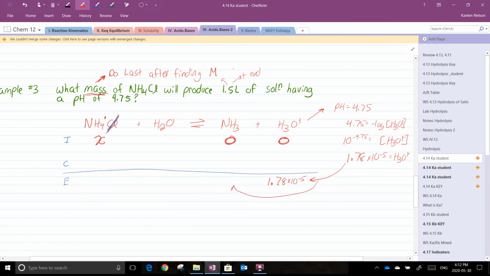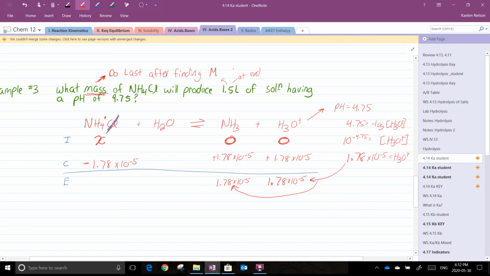Okay, and also here, because those two are the same number, 1.78 times 10 to the minus 5. Okay, so then this is plus 1.78 times 10 to the minus 5, plus 1.78 times 10 to the minus 5, so same pattern, minus 1.78 times 10 to the minus 5.